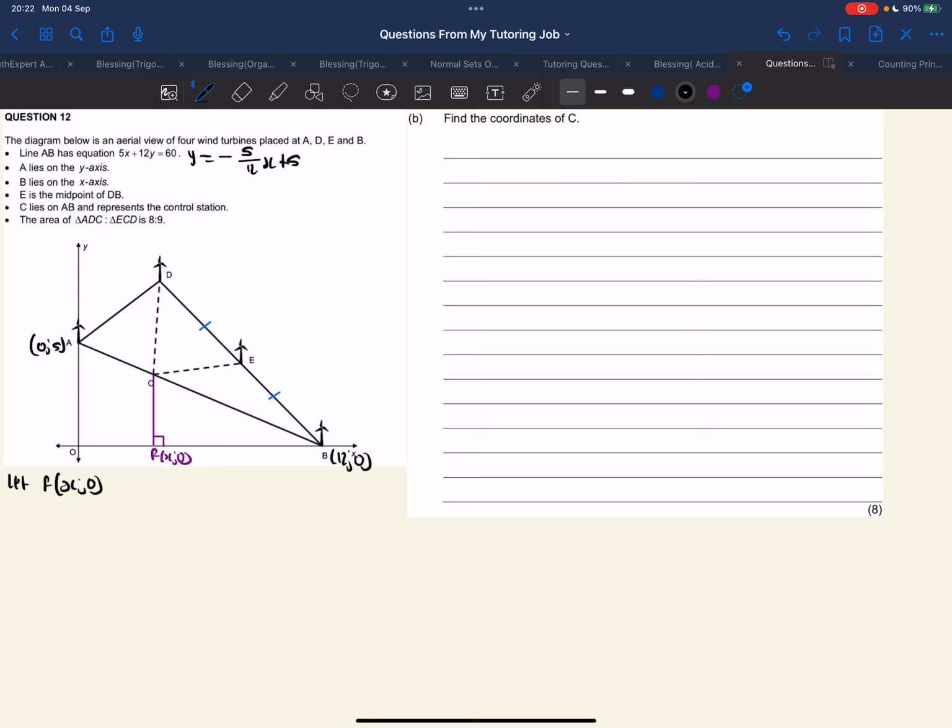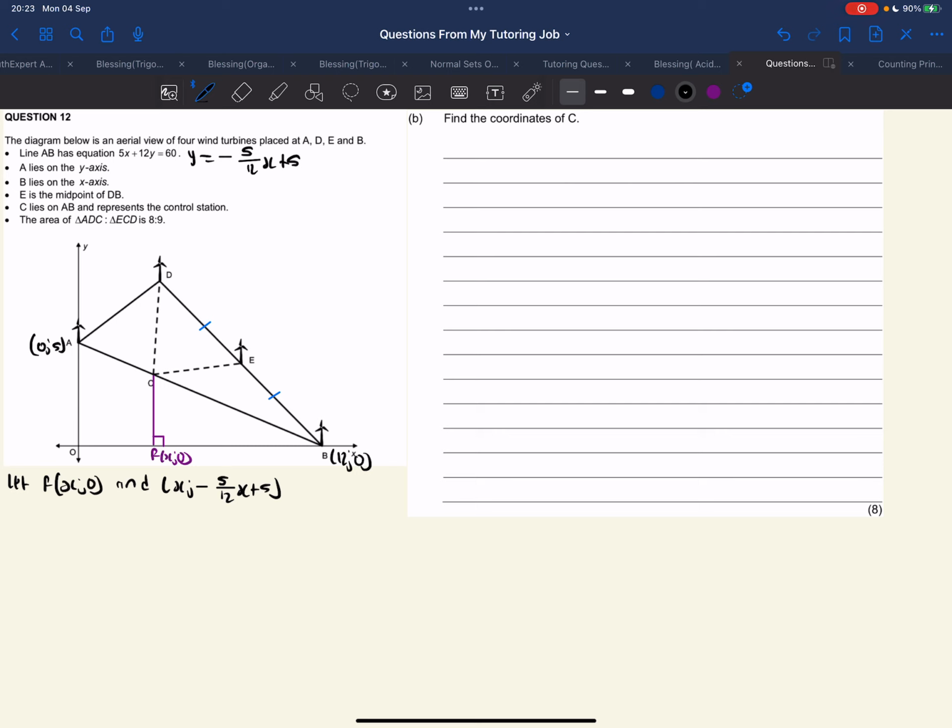So I'm going to say let F be x comma 0 and C be x comma minus 5 over 12 x plus 5. All right, so those are the two coordinates.